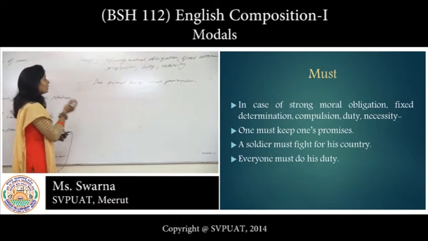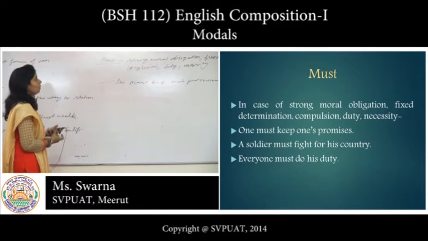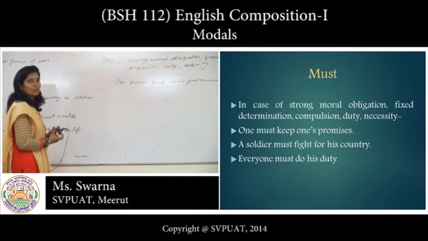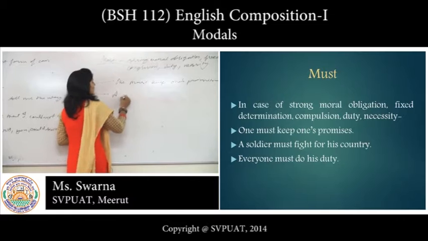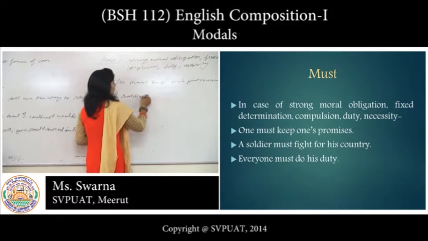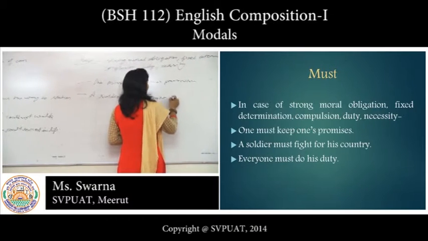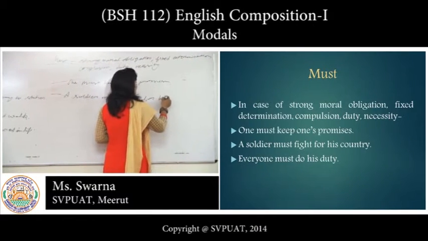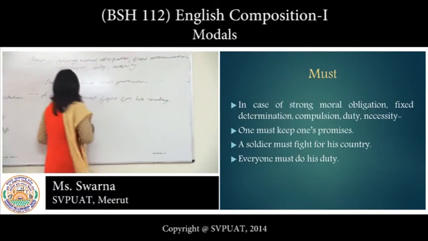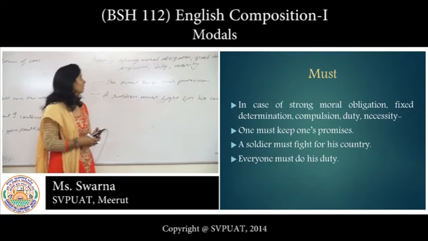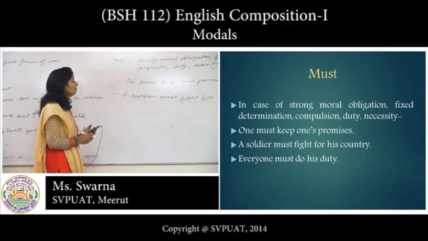So this sentence expresses duty or fixed determination or necessity. And the next example is, a soldier must fight for his country. So this expresses a strong moral obligation or duty.